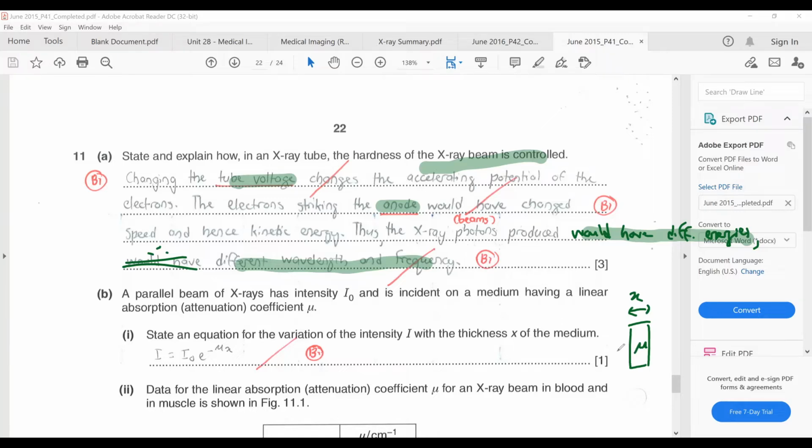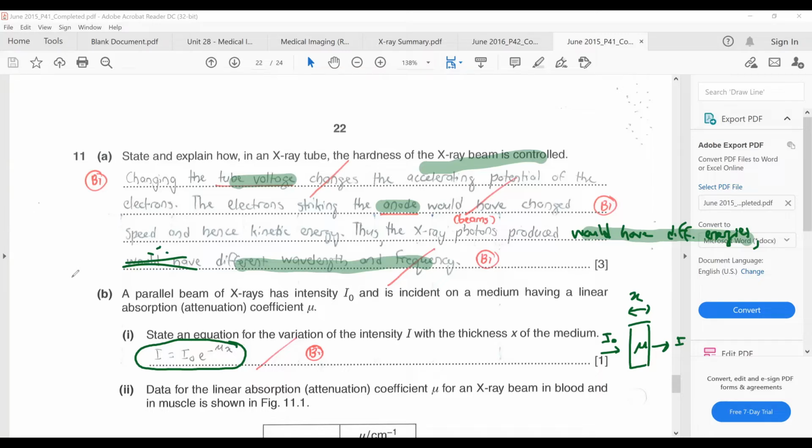The incident intensity is I naught, and after passing through the medium the intensity is I. What is the equation that relates all of them? As I mentioned to you, you can use this: I equals I naught exponential negative mu x. So that part should be fine.